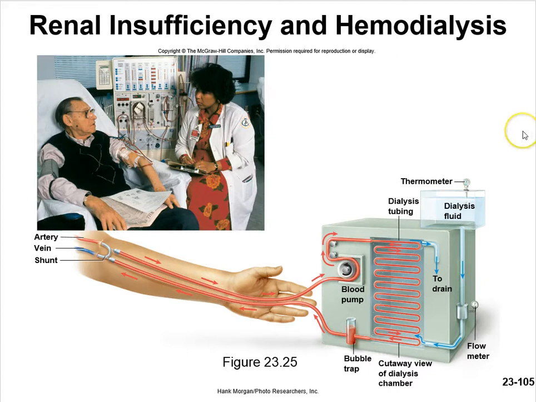Here we have a little ending story on renal insufficiency and hemodialysis. Renal insufficiency is a state in which the kidneys can't maintain homeostasis due to the extensive destruction of their nephrons.